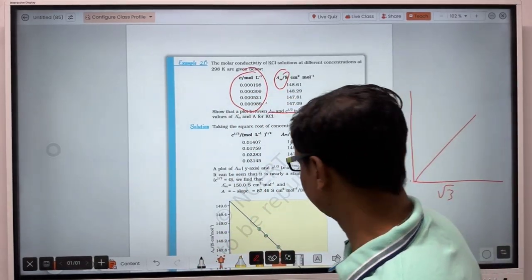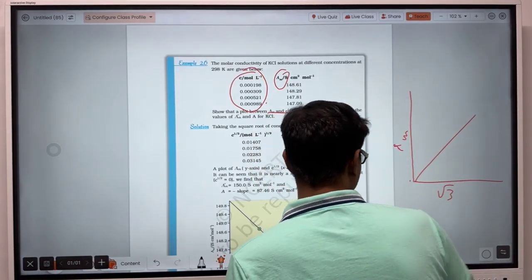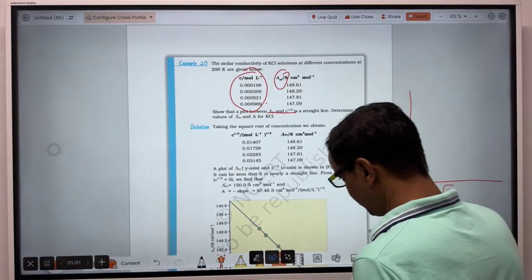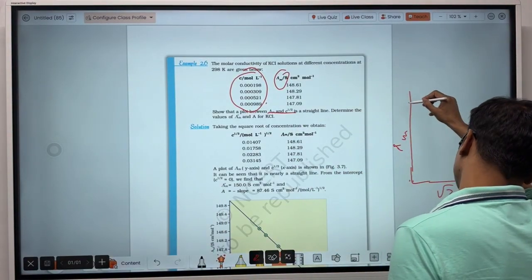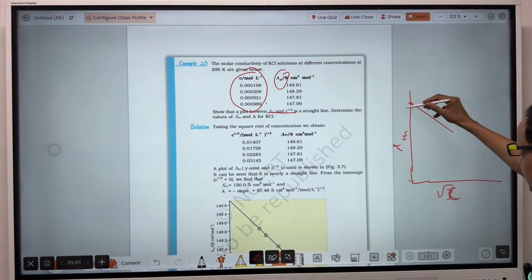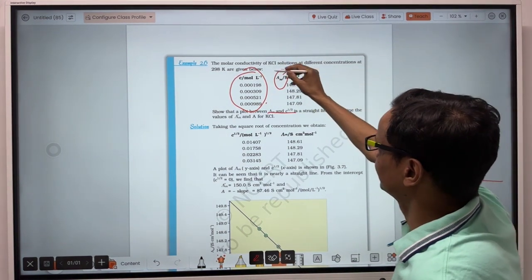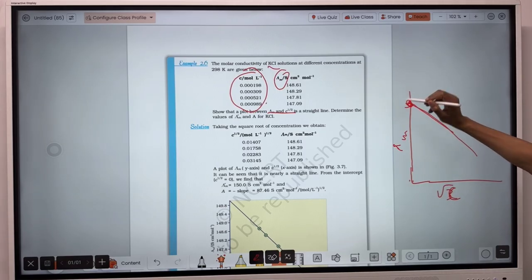You will find that on diluting the solution, the concentration is decreasing. This one is for KCl, so it is a strong electrolyte, and that will be a straight line graph. By this graph you can also find out the limiting molar conductivity.